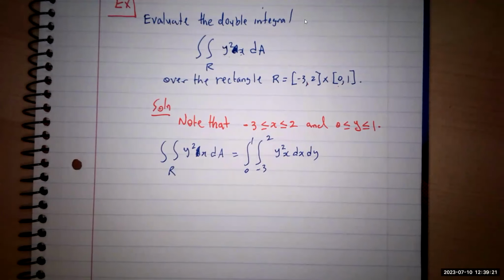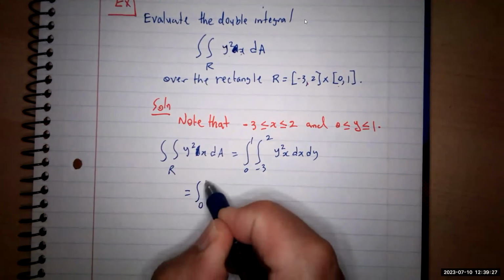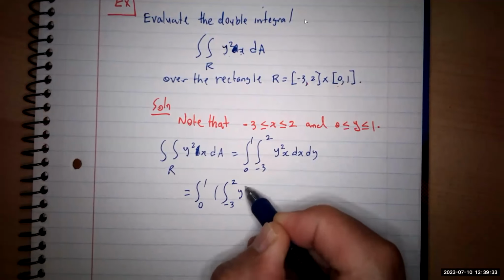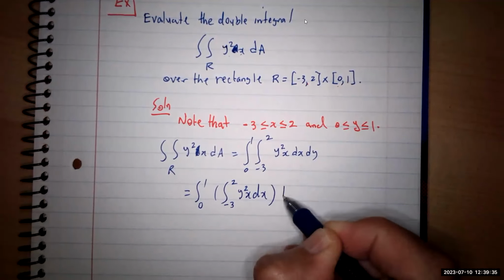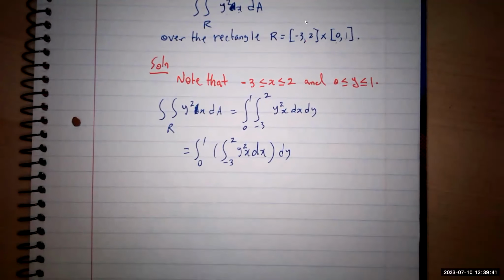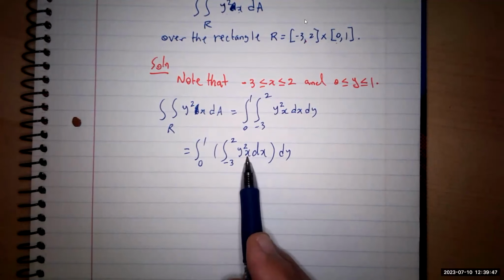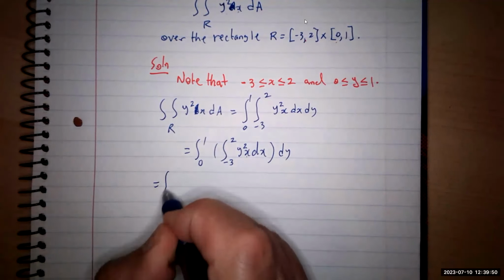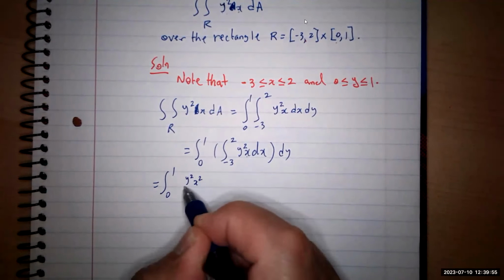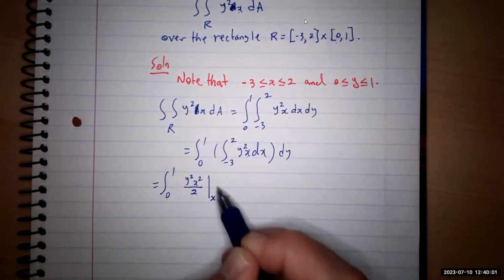Now integrate. From now on, you know it. You keep the y, then you have to integrate this one first, so that would be y squared x dx. When you're done, dy. You can take y squared outside and integrate it, then come back. I just stay with it as is. So I integrate x, which is x squared over 2, from y equals 0 to 1: y squared times x squared over 2, with x going from -3 to 2.